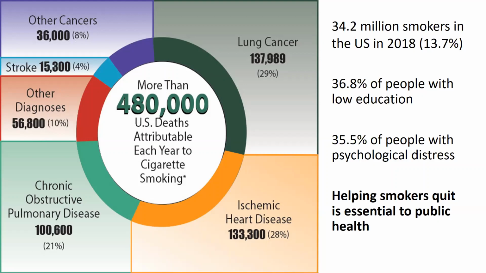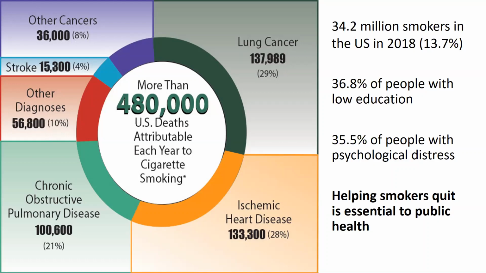In the US alone, 34.2 million smokers, that's in 2018. That represents about 13.7% of the US population. 36.8% of people who are low education smoke, so that's a high prevalence among those who are low SES. 35.5% among people with psychological distress. So we think that helping smokers quit is an essential role of public health.